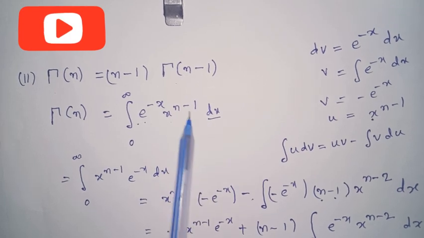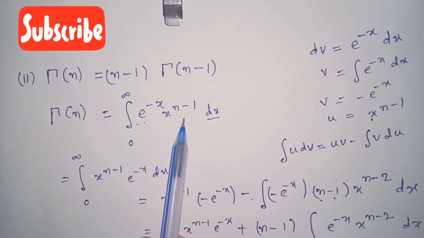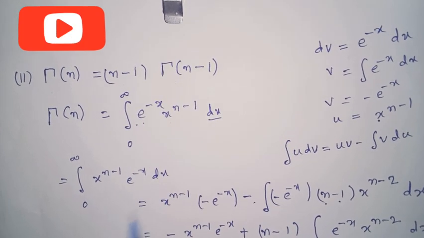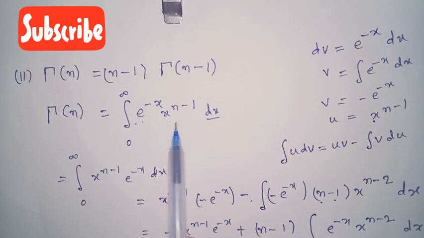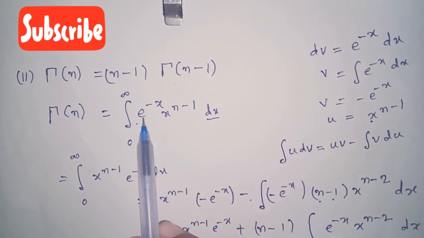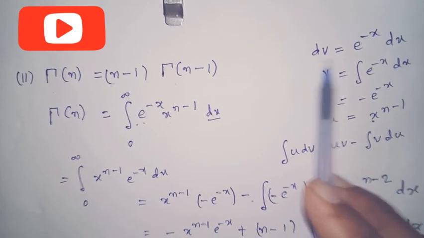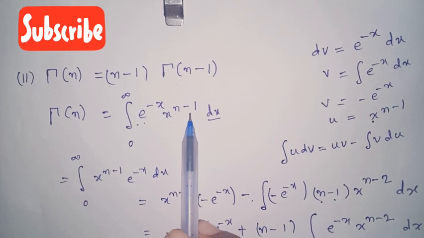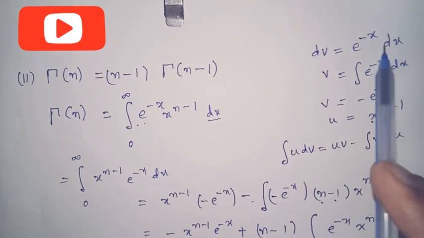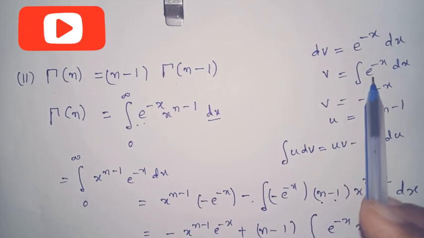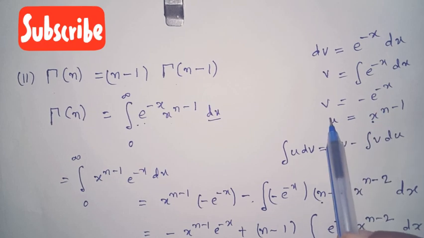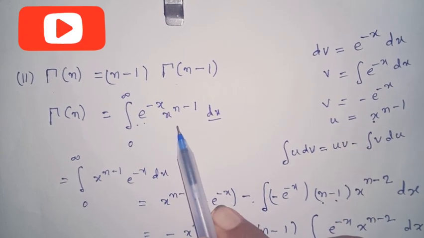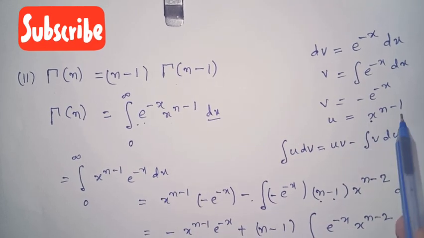Now let us use the integration by parts method to evaluate it. Let dv is equal to e power of minus x dx, and u is equal to x power of n minus 1. Since dv is equal to e power of minus x dx, v is equal to the integral of e power of minus x dx. Therefore v is equal to minus of e power of minus x, and u is equal to x power of n minus 1.